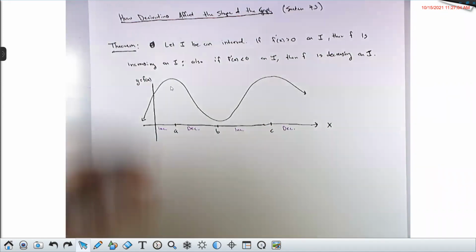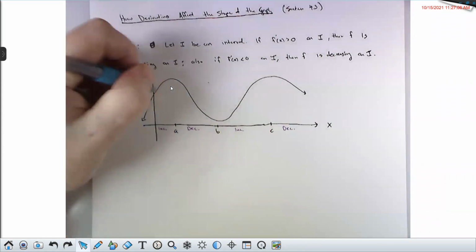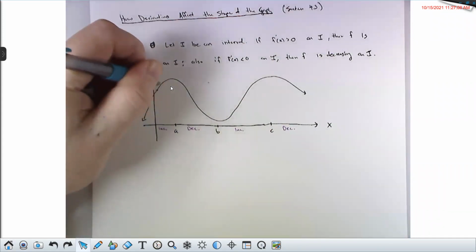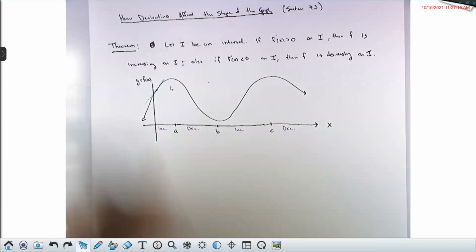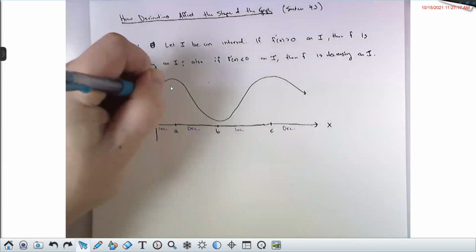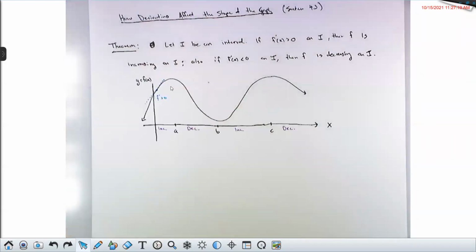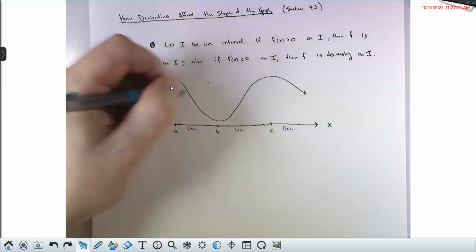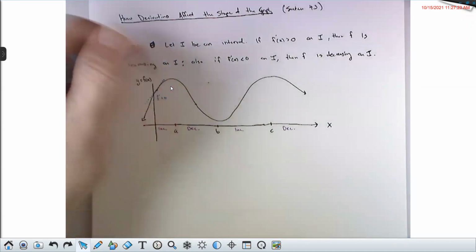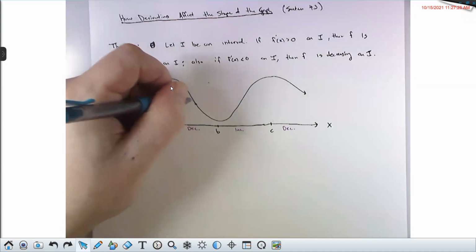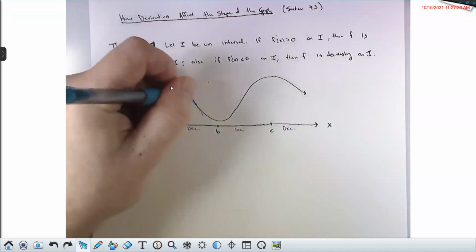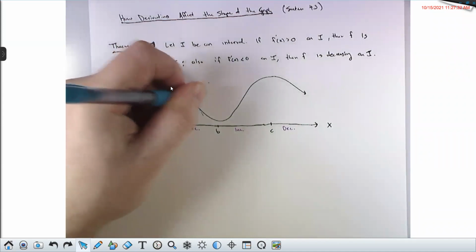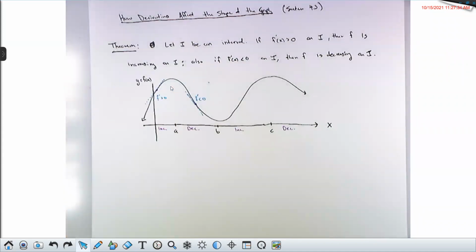And if you look at a tangent line anywhere in here, you'll see that the slope of that tangent is positive, which means f prime is positive. If you look at a tangent line anywhere in the decreasing interval here from A to B, the tangent line has a negative slope, so f prime would have to be negative.